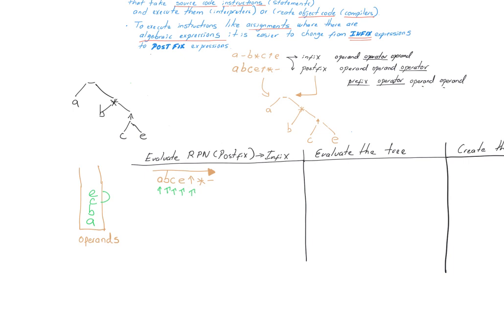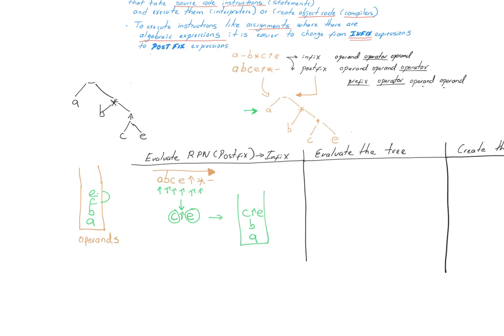So what we will have is C to the power of E, right? Because I take the last one and put it on the right, and the left one and put it on the left, and then I put the operator in the middle, similar to what we did in the tree. And I put that back in the stack. So what I would have in the stack would be this, then B, and then A, right?